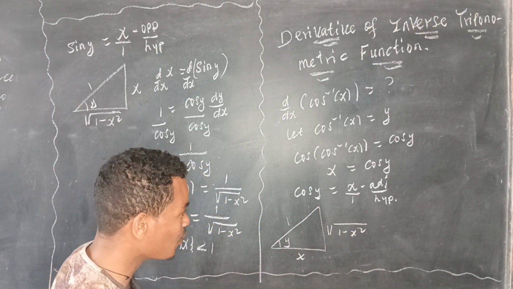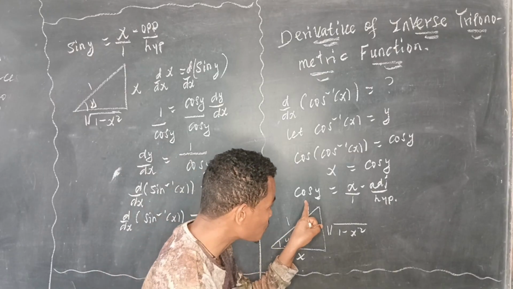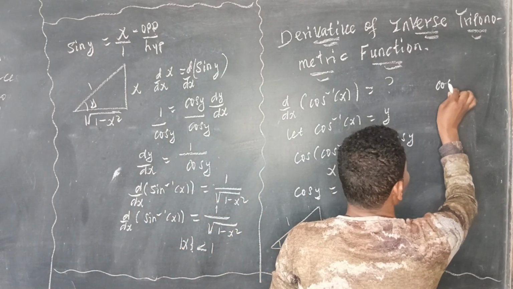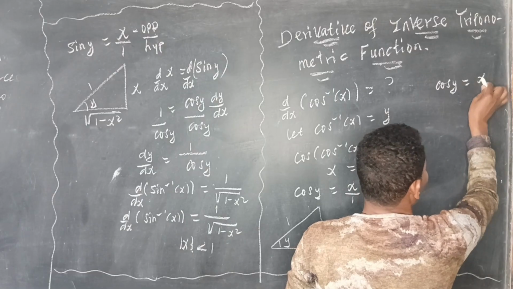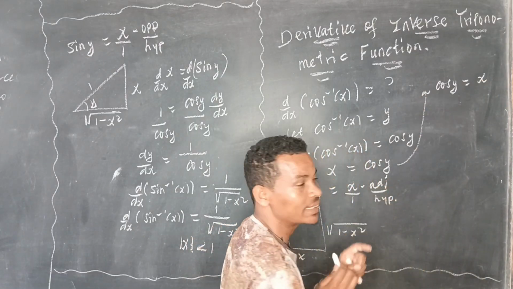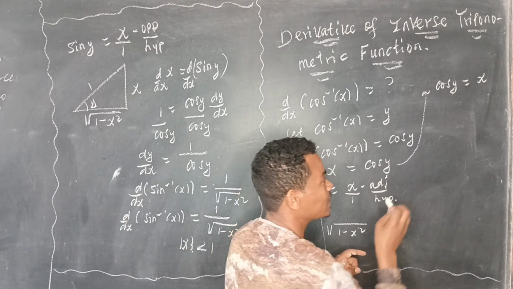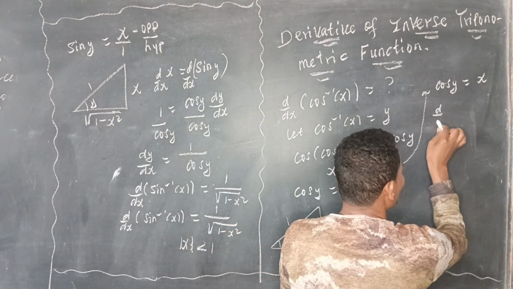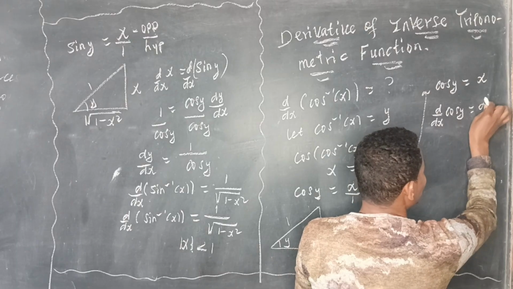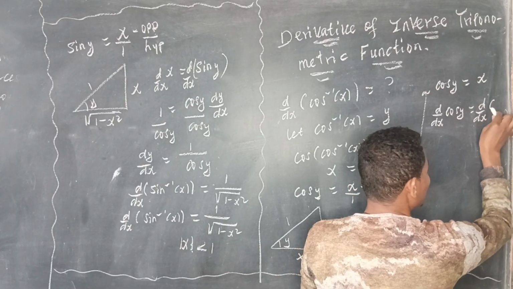Now, we said that cos y is equal to x. Let's take the derivative of both sides with respect to x. That is d by dx of cos y is equal to d by dx of x.